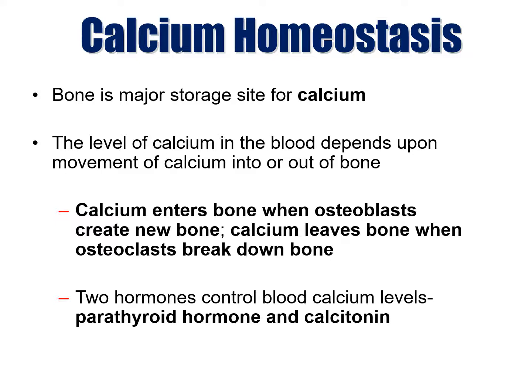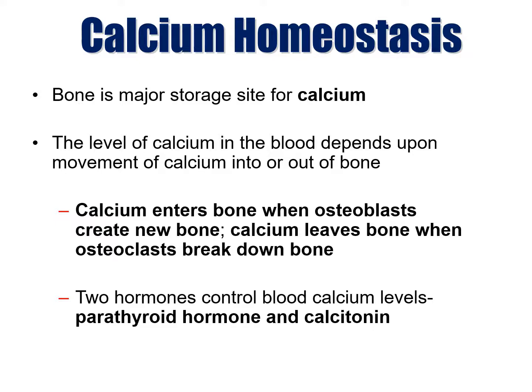Bones play a very important role in maintaining calcium homeostasis. What is homeostasis? Homeostasis is a property of the body to maintain a stable equilibrium. That means to maintain a steady internal state. Now you know that the matrix of bone contains deposits of calcium, calcium phosphate and calcium carbonate.